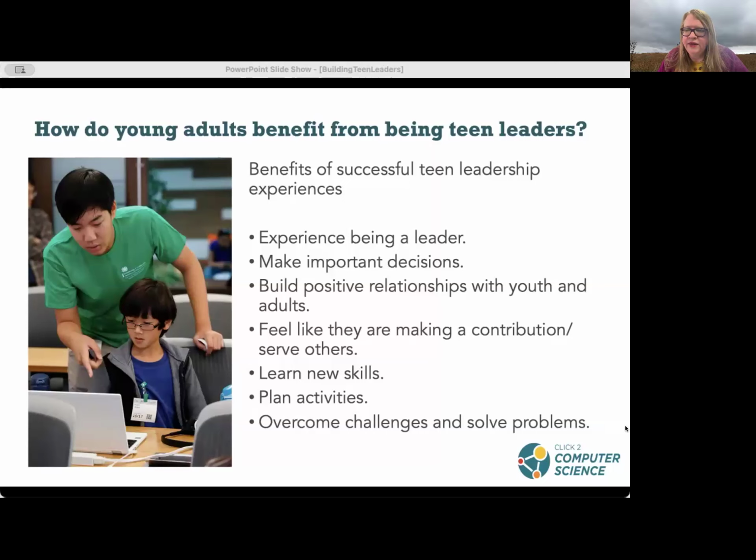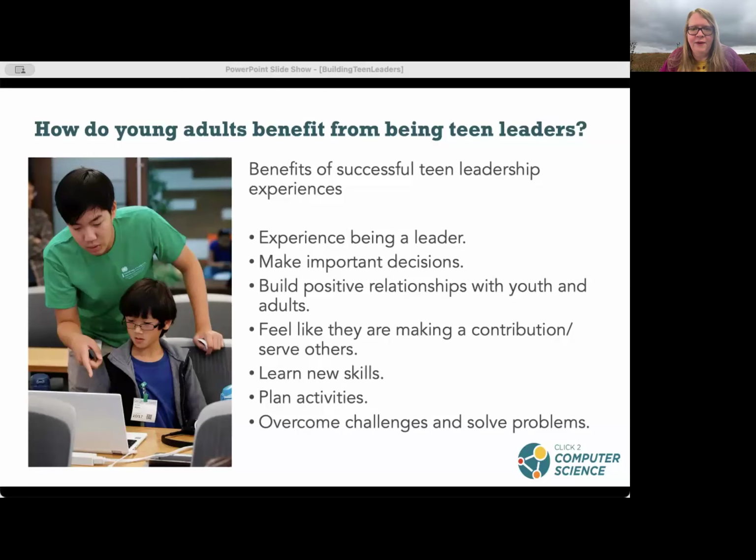I also think that experience of being a leader is really important in building confidence and preparing them for other opportunities in high school or college or when they're new in their career.